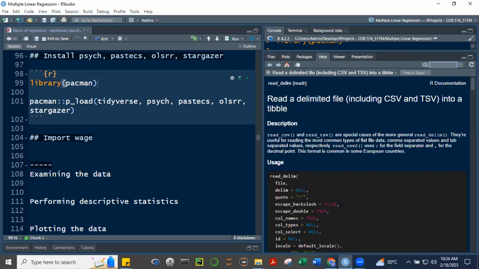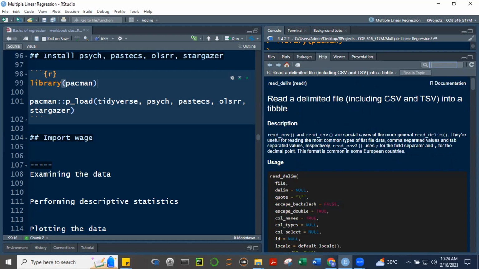Okay, so what does this do? Read a delimited file. Ang ibig sabihin ng delimited file, may mga spaces between the, let's say, the variables or the columns. So it can be comma-separated values or tab-separated values.